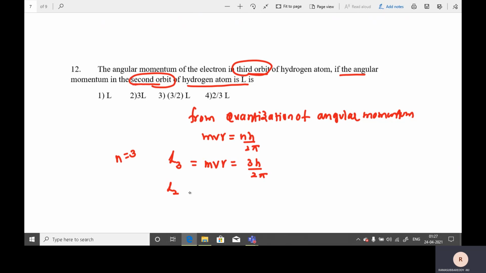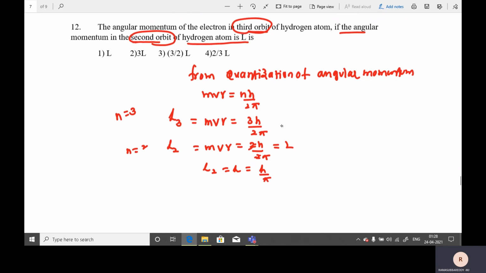Now for the second, our n is equal to 2, so mvr is equal to 2h by 2 pi. But here L2 is nothing but L according to the question. The 2 gets cancelled, then our L2 which is equal to L is equal to h by pi.